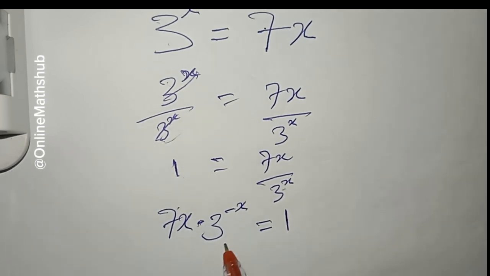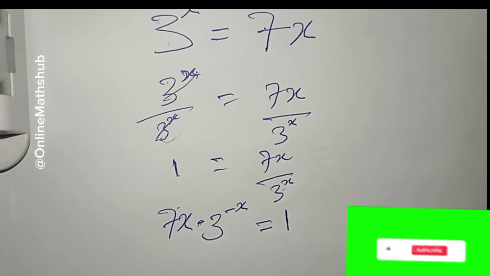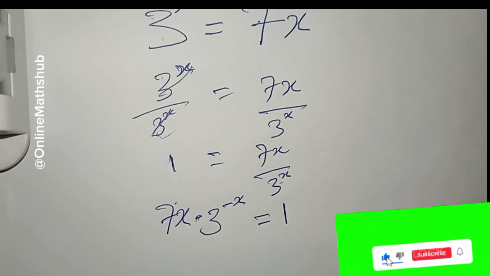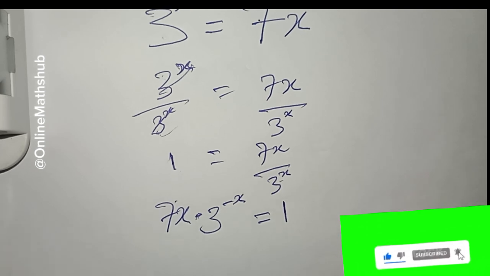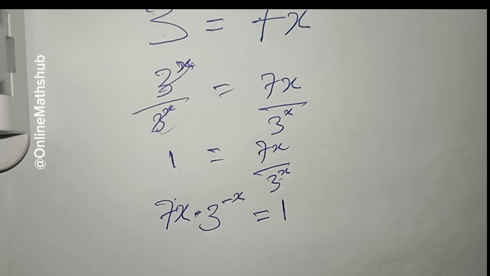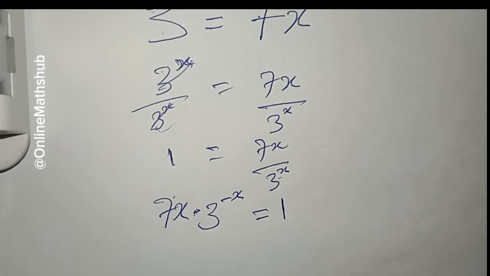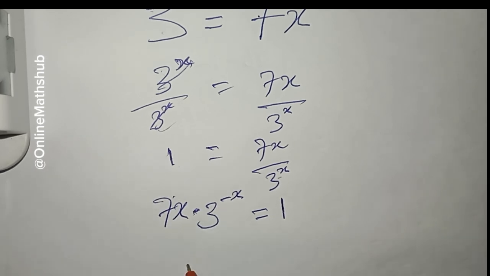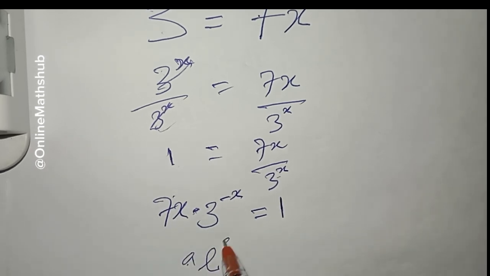Next, I am going to be making some substitution for this 3 power negative x, and at the end of the day we're going to be applying the Lambert W function to simplify this stuff right here. If you remember, each time we want to apply the Lambert W function to solve a particular math problem, we always want to simplify our function to be in the form of a exponential a.